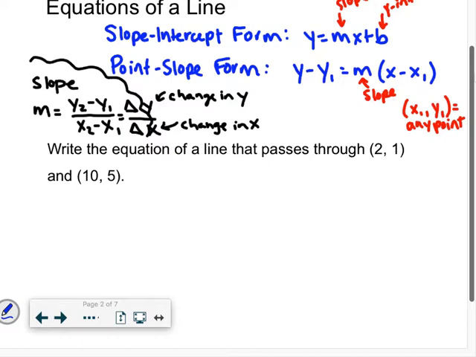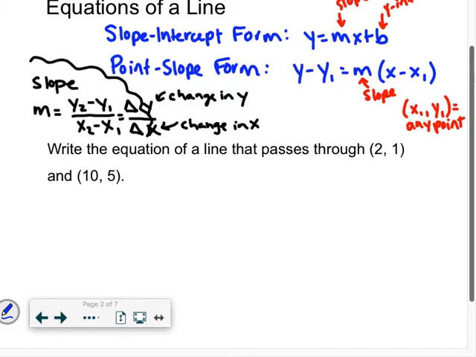Now, we wrote down 2 equations of lines, the slope-intercept form and the point-slope form. What do those 2 equations have in common? They're both forms, and they really have the slope in common. So no matter what, if you're going to write the equation of a line, you really would like to know its slope.